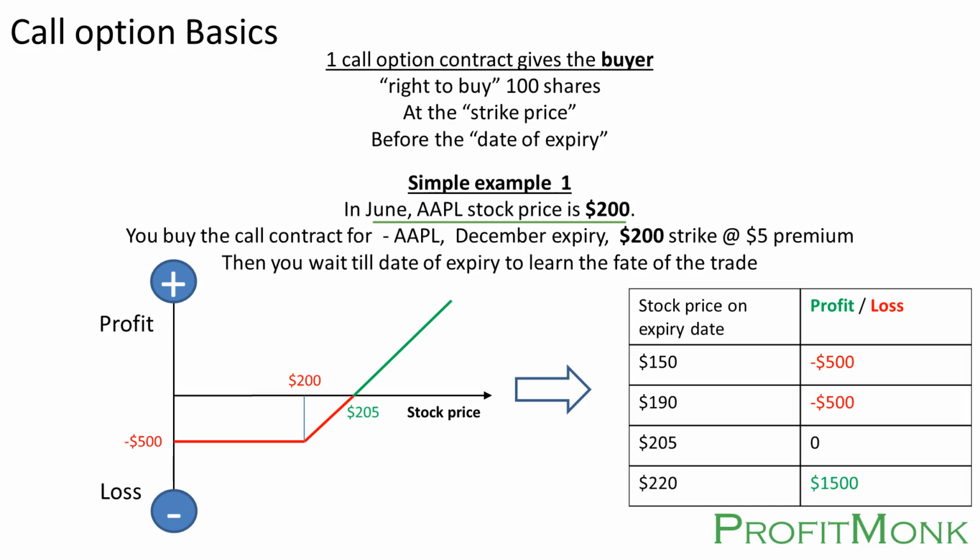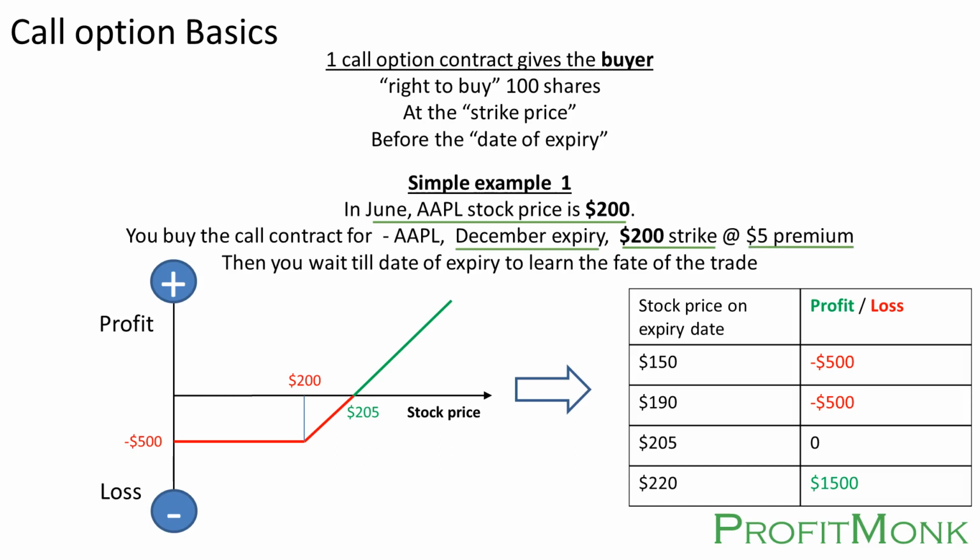So what do you do? You buy the call contract for Apple for December expiry at $200 strike price. You do that because you feel that Apple is going to go above 200 before December. And what do you have to pay for that? You pay, let's say for this example, a $5 premium.